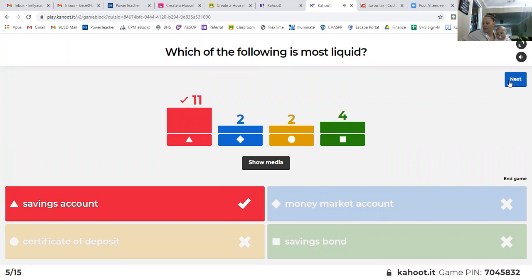So that is a savings account. Liquid is the ability to get your money out easiest, or the quickest. To be the most liquid here, you want to withdraw money at any time without penalty. Money market account and certificate of deposit both have penalties or a limited number of transactions. A savings bond, if you cash it in early, also has a penalty.